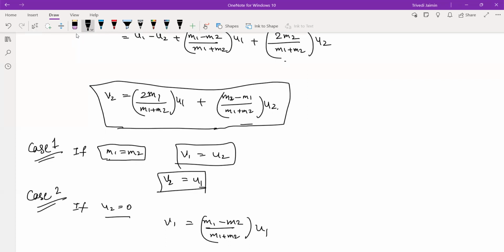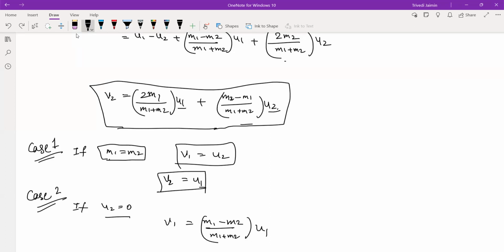Yes, v1 is u2. And v2? For v2, I got u1, because the u2 side will be 0. 2 m1 by 2 m1 times u1 means u1.